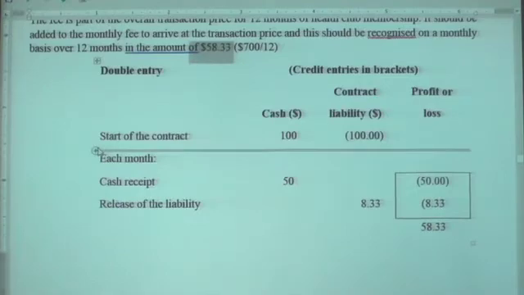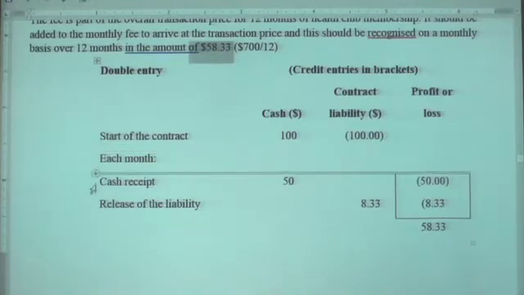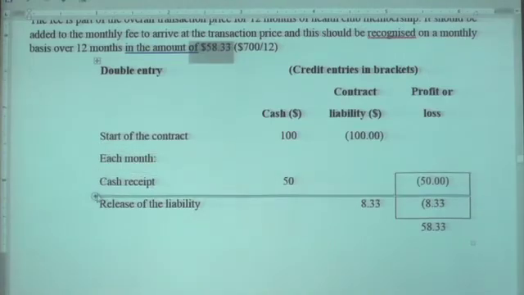You will receive 100 cash, debit cash, credit contract liability, upfront fee. Then you will receive monthly cash 50, debit cash, correct? But revenue will be credit 58.33, but you received only 50.